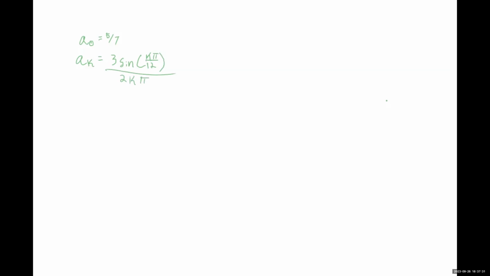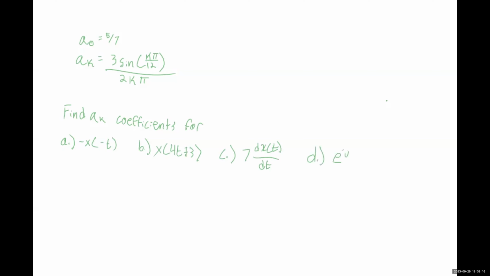And now we want to find the a of k coefficients for negative x of negative t, x of 4t plus 3, 7 derivative of x of t, and then e to the minus j 2 pi t x of t, for k equal to -6, 0, and 2.